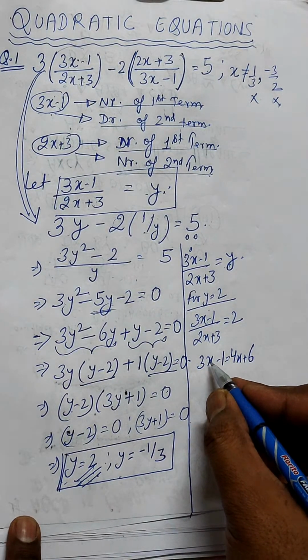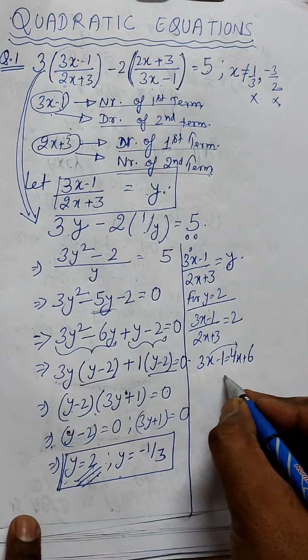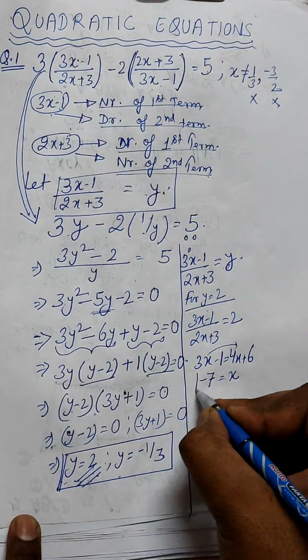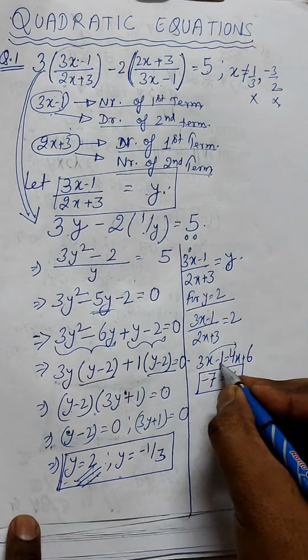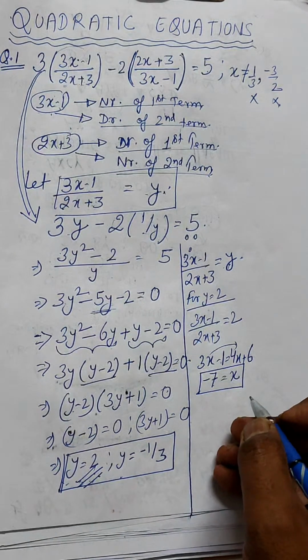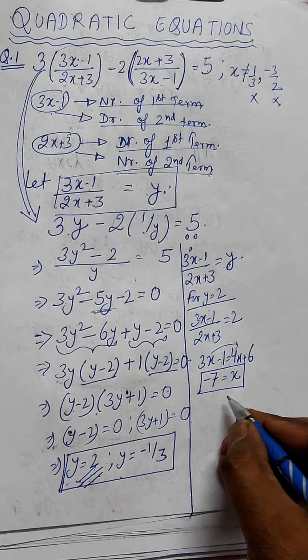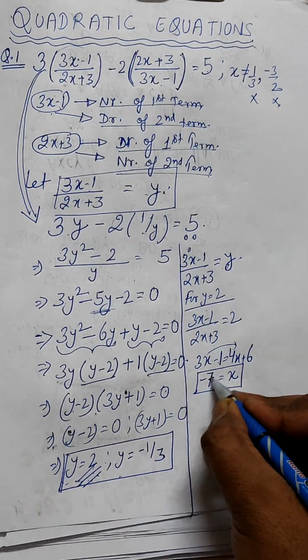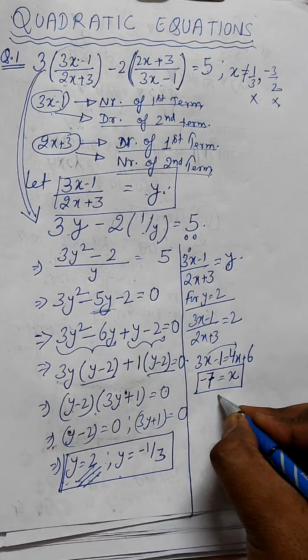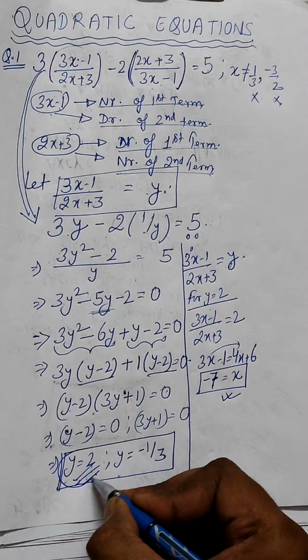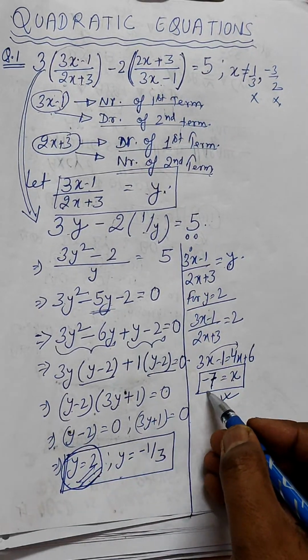And finally, when 3x goes into the RHS, and 6 comes into the LHS, x is equal to minus 7. So x equal to minus 7 is one of the answers which is derived. The value of x is equal to minus 7. Now, for y equal to 2, this gives x as minus 7.